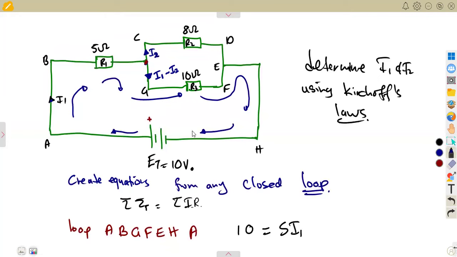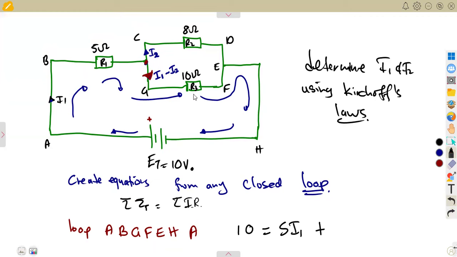So the question is, is it maintaining this direction of current? Yes, it is maintaining, so it becomes a positive. If let's say this current was taken like this, opposing, the arrow was like this, it was going to take a negative sign. But if it is maintaining how our current is moving, how we took this loop, and the current is also flowing in the same direction, it's going to be a positive.